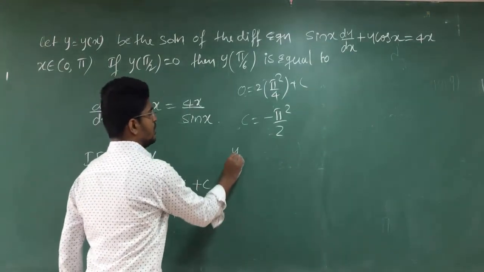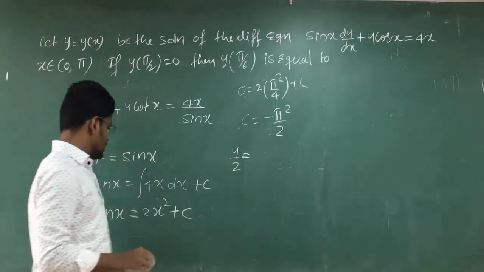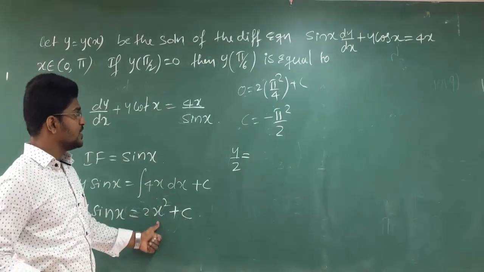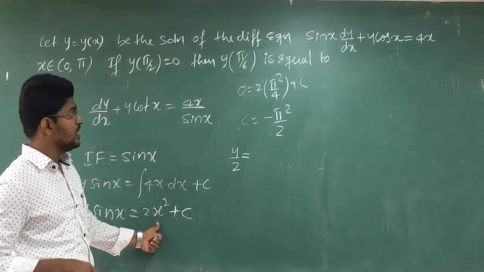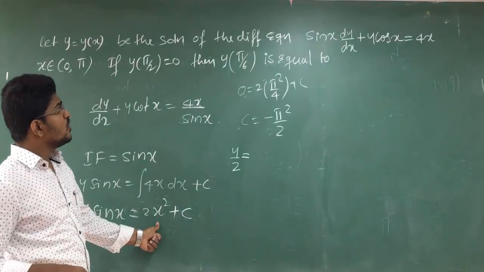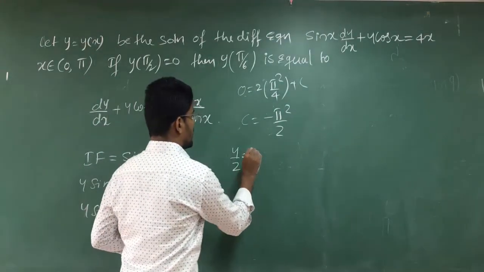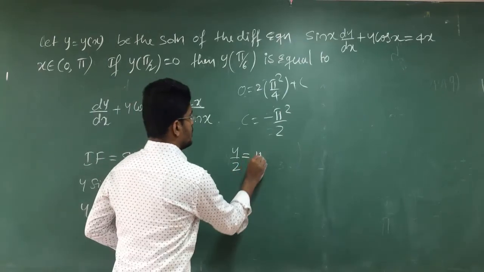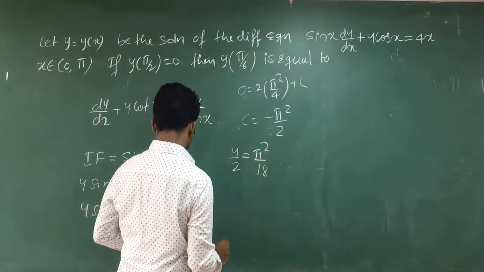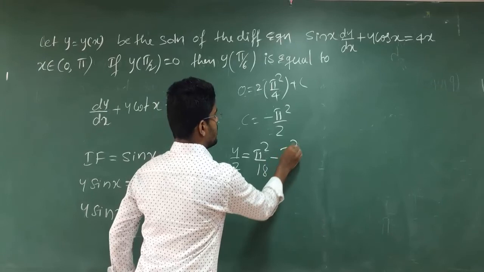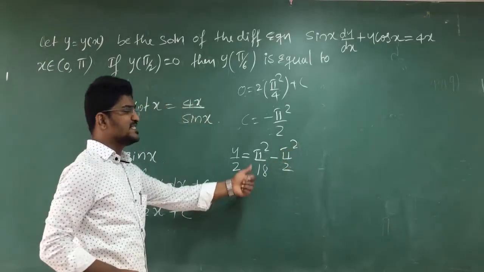So y by 2 is equal to 2 into x square plus c, where x value is pi by 6, so pi square by 36. It will be 2 into pi square by 36, which means pi square by 18. The c value is minus pi square by 2. LCM is 18.